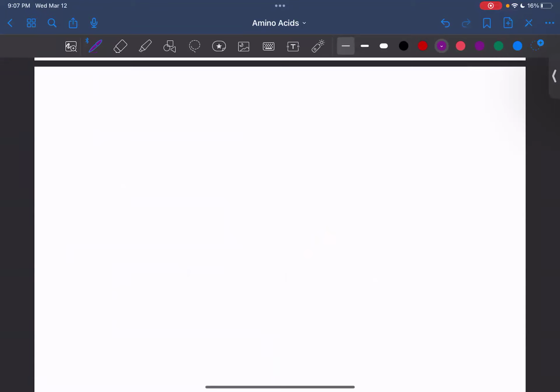So our next goal is to learn how they form turns. Okay. So let's draw. Let me get an example from my notes here.